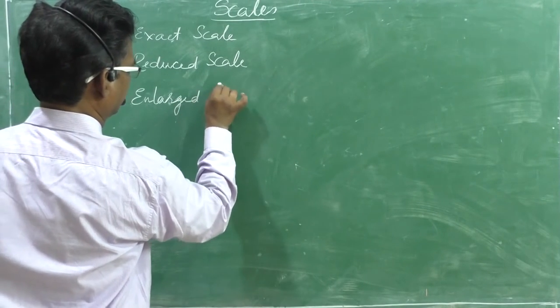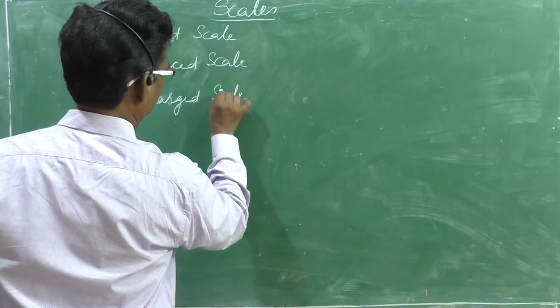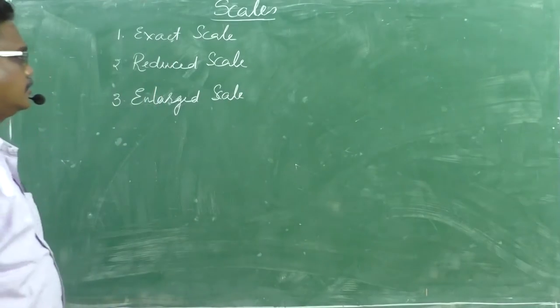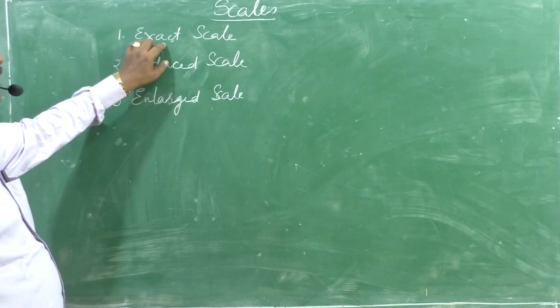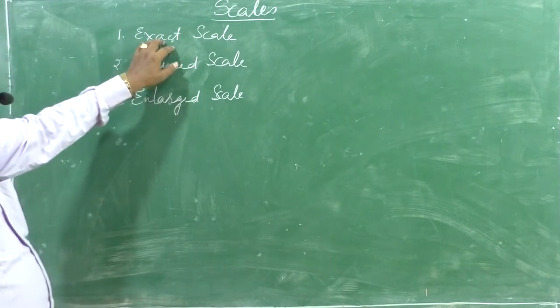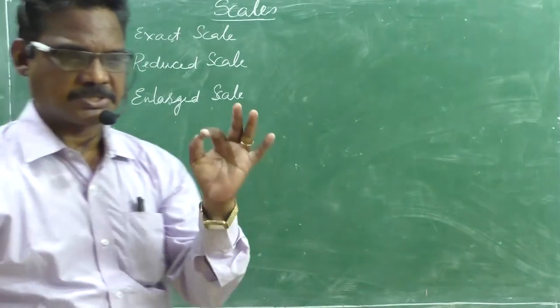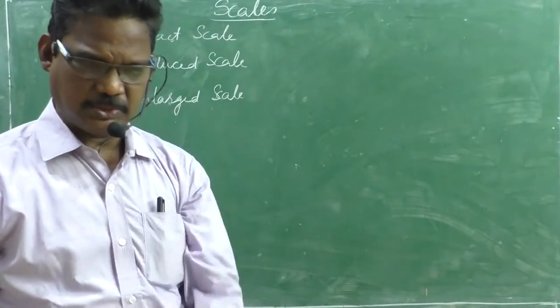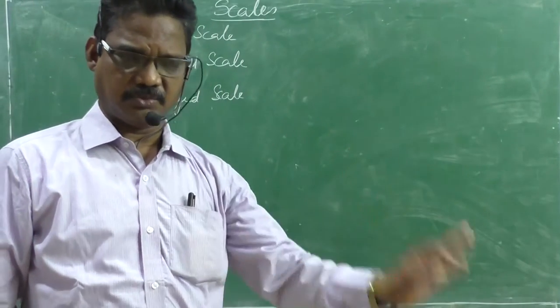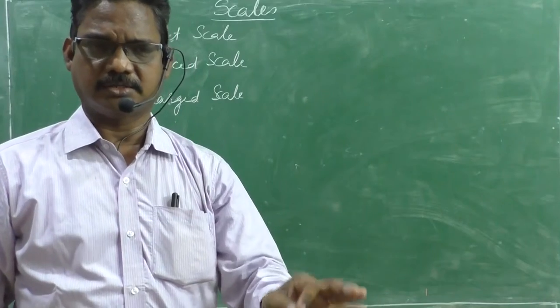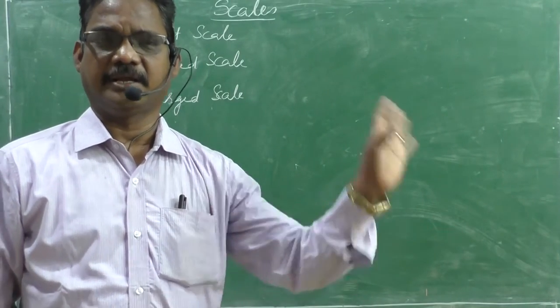Now, exact scale needs no more explanation, because whatever the original dimensions of the object are, if we consider those dimensions and draw the respective drawing, the drawing is drawn at exact scale.